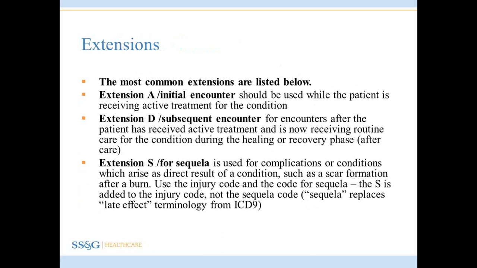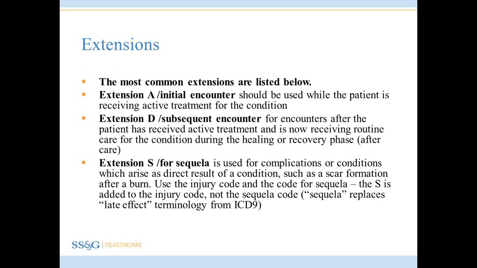So now we're going to talk about extensions, and that is pretty much the reason for the whole placeholder character X. The extensions are listed here, and these are just 3 of them. There are about a total of 16 extensions, but we're going to talk about these 3. A is for initial encounter. It should be used while the patient is receiving active treatment for the condition.